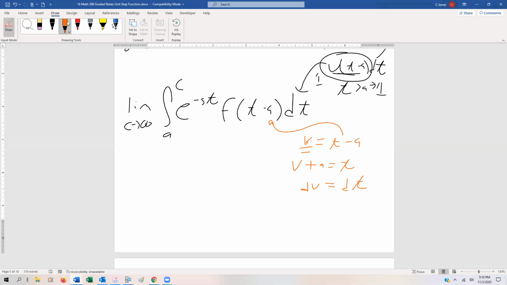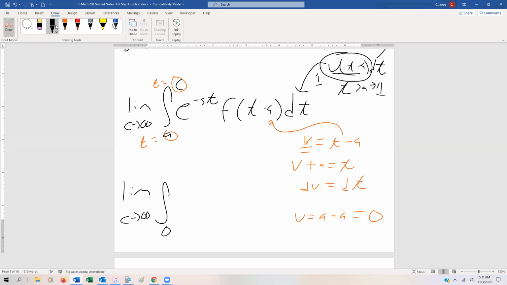Now, the other thing that we can do is substitute these bounds back in. If v is equal to a minus a, remember this is t equals a and t equals c, well, a minus a is 0. So the new integral, which is in terms of v, is going to start at 0.